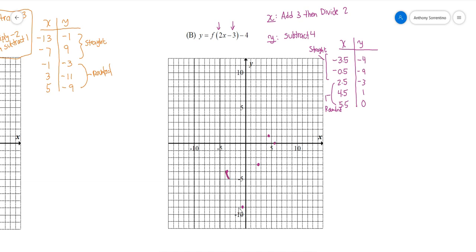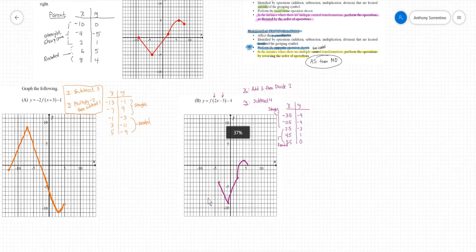And so when I graph this, there's my graph. And again, it should look like the original graph.